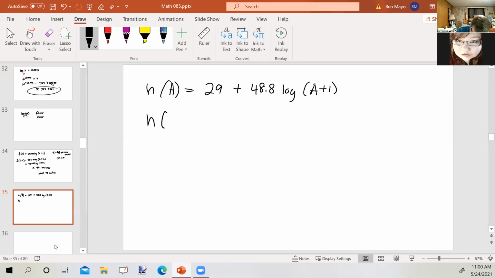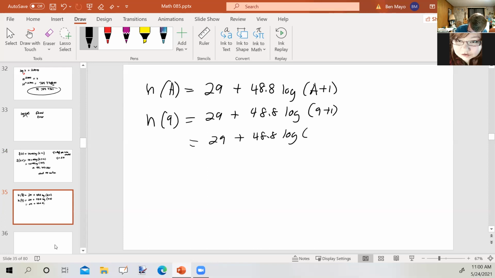So h of 9 is 29 plus 48.8 log of 9 plus 1, which is 29 plus 48.8 times the log of 10. All right, so 29 plus 48.8 times the log of 10.